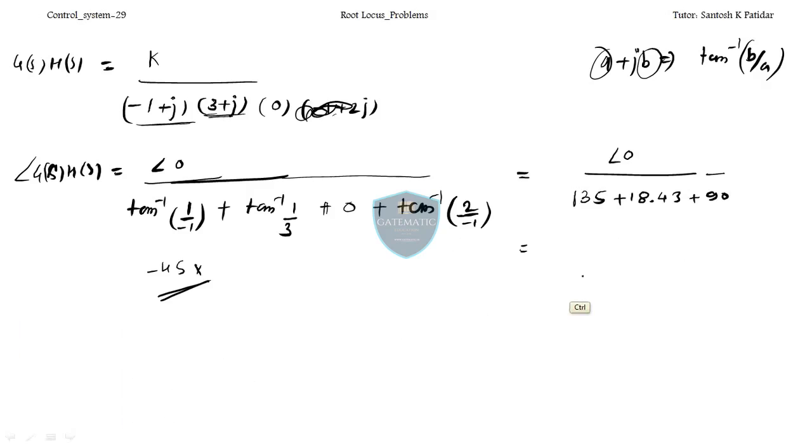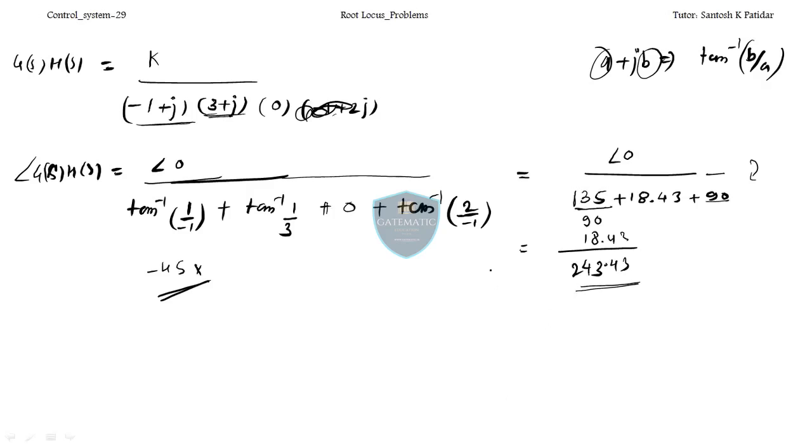The angle will be, add all this, final angle 0 minus this, they are in division, so we can subtract them. Okay, so 135 plus 90 and plus 18.43, this 43 will be as it is. Calculate this, 13, 1, 14 and 2.